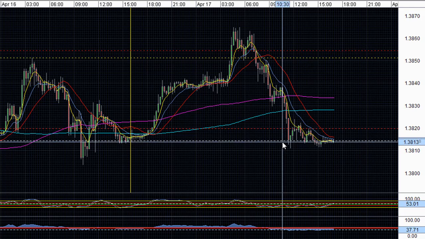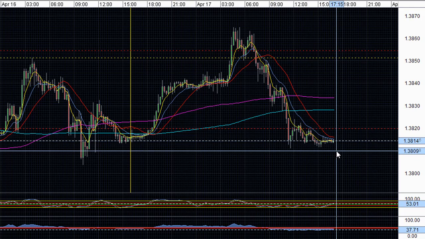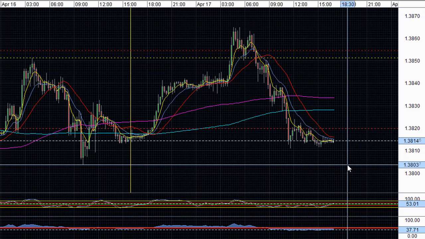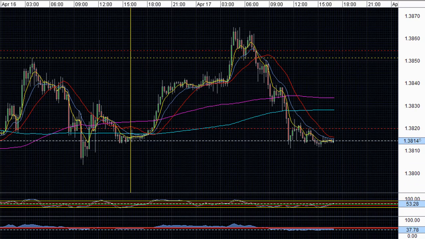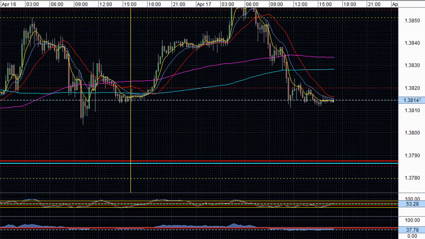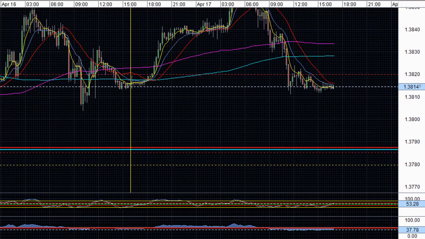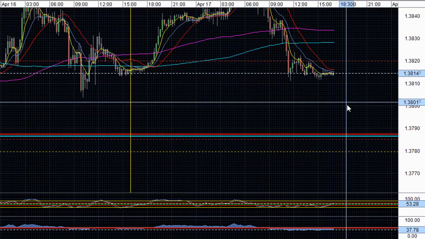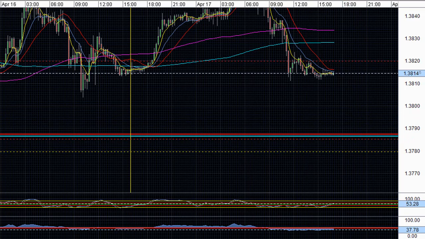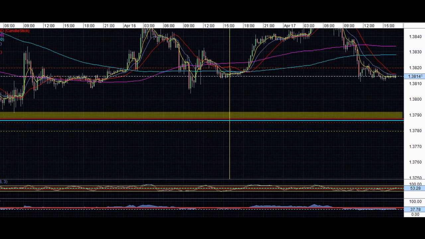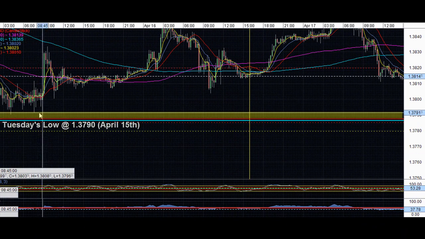But let's say price does break below these levels, and let's say it breaks the psychological support at 38.00. Then what we can expect price to do is reach and find support at Tuesday's low, which is at 37.90. Let me move over a little bit so you can see that. On Tuesday, the low was at 37.90.